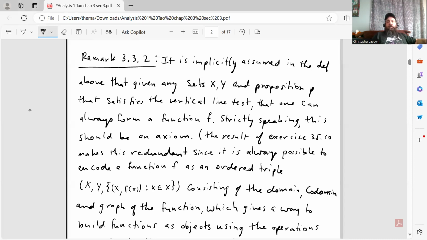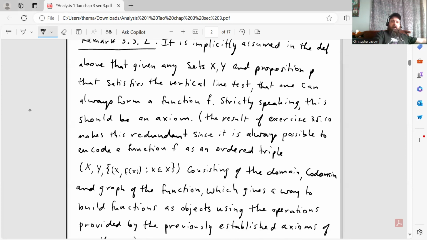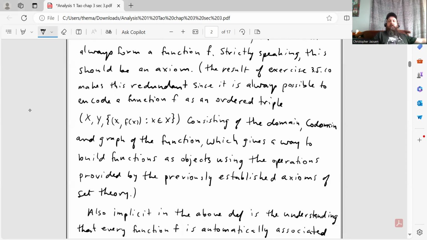The result of Exercise 3.5.10 makes this redundant, since it's always possible to encode a function f as an ordered triple, where the ordered triple is (X, Y, the set of all (x, f(x)) where x is in X), consisting of the domain, codomain, and the graph of the function, which gives a way to build functions as objects using the operations provided by the previously established axioms of set theory.